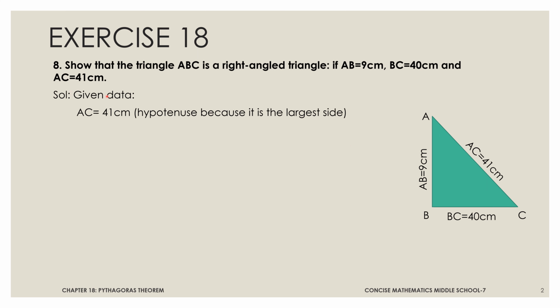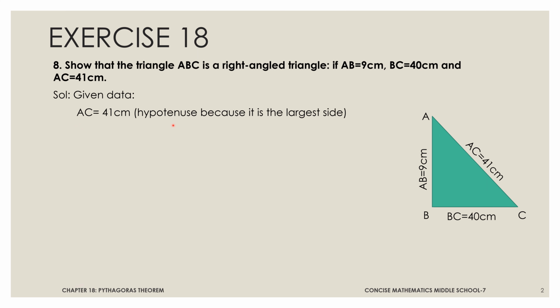So always the hypotenuse will be the largest side in a right angle triangle. So in that way I have considered that AC should be the hypotenuse. It should come on this side, that is AC side, right?